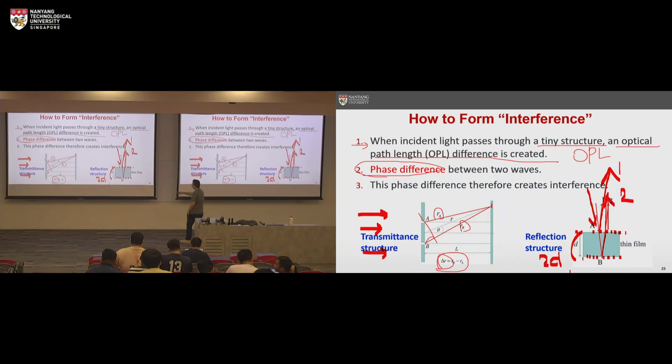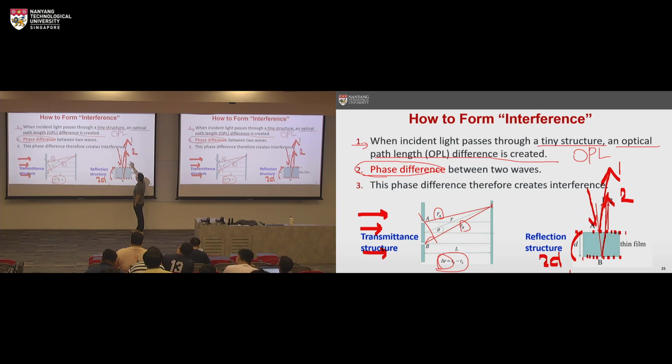Originally you have 1 light coming down, it meets the first interface and you get a number 1 reflection, and the other light goes down, and this thin film's thickness is D. So the difference between ray 1 and ray 2 is 2D, right? Because coming down 1 time is 1D, going backward is 2D.